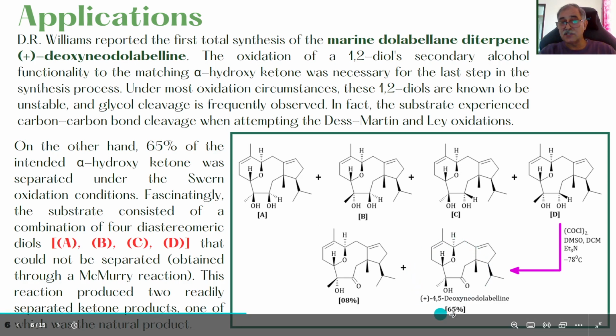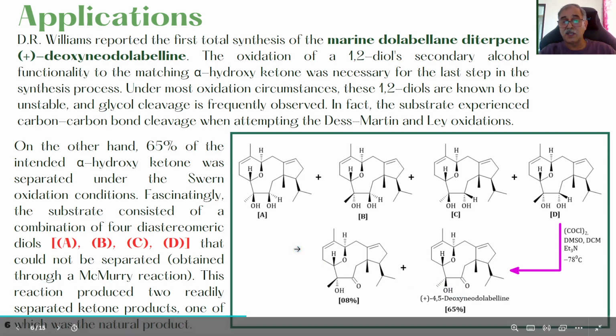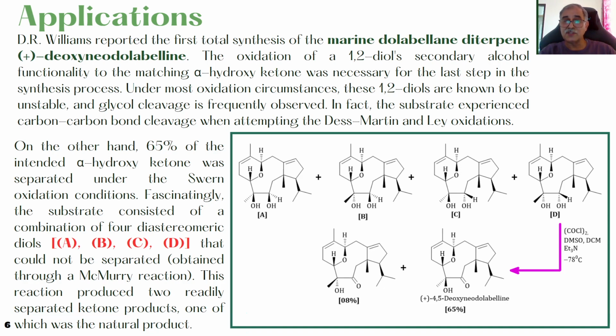So basically, this is an alpha hydroxyketone, and alpha hydroxyketones can be synthesized through various methods, but oxidation of 1,2-diols to alpha hydroxyketone was one of the steps in the synthesis of this marine diterpene. So many methods were tried, like Dess-Martin or Ley oxidation, for conversion of 1,2-diols into alpha hydroxyketones.